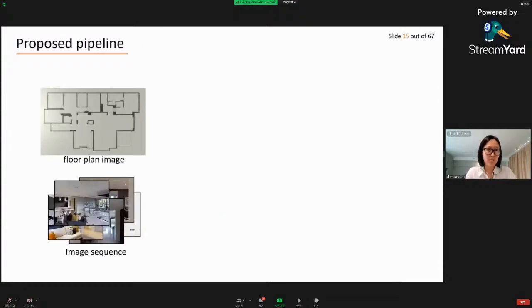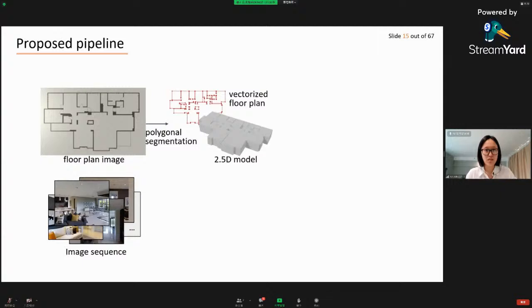From the input described previously, I propose a pipeline for generating a compact model focusing on the interior of the building. On the top, the input floor plan image is first converted to a vectorized form. The 2.5D model can be generated by extruding the floor with an estimated height.